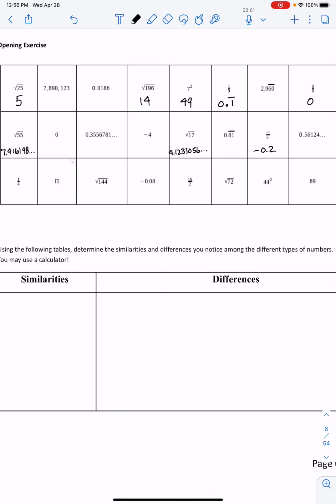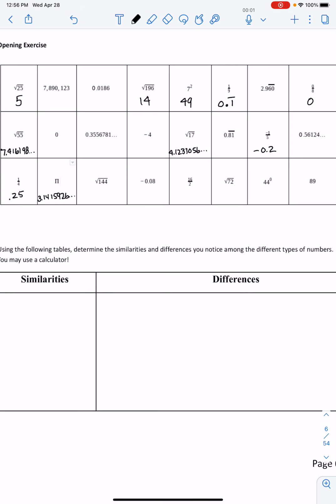Next we have 1/4, which is 0.25. Next we have pi, which is 3.14159 26, and that continues to repeat.